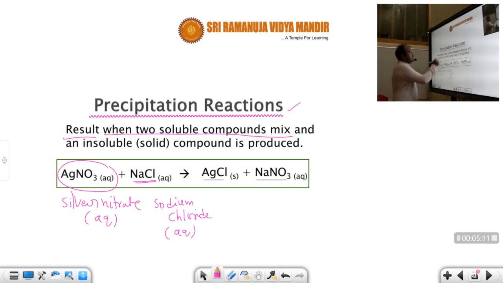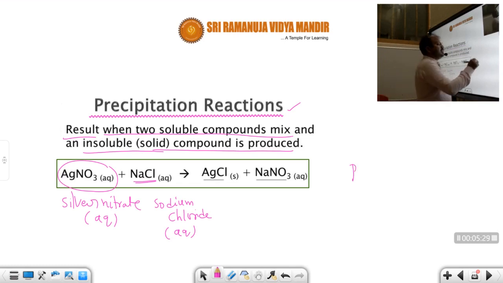Then what happens? An insoluble solid compound is formed or produced. Insoluble means the salt which cannot be dissolved in water. It looks like a precipitate. That's why this is called a precipitation reaction.